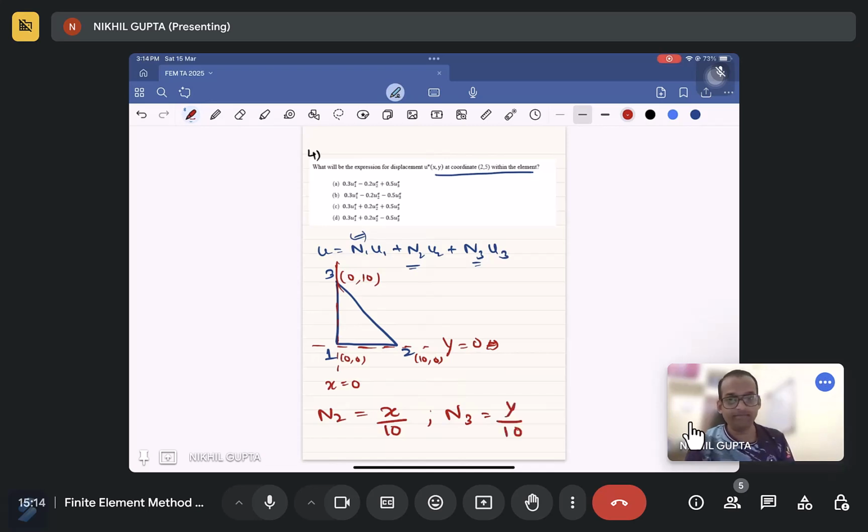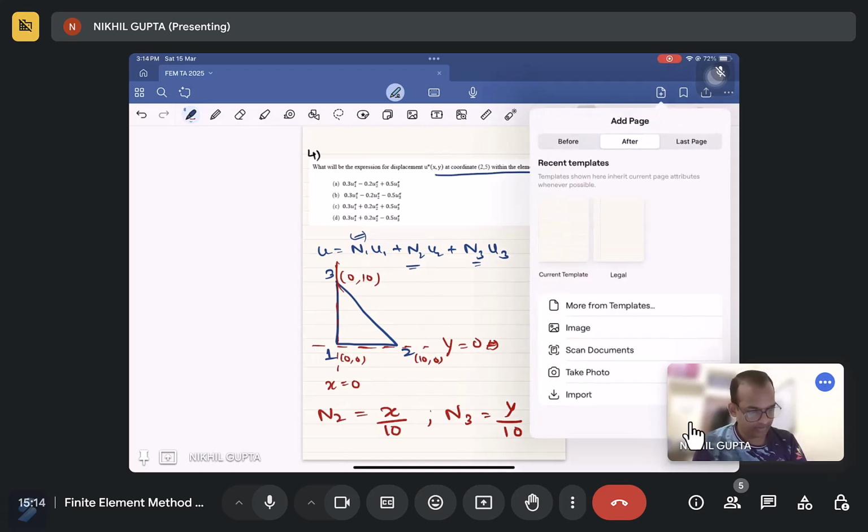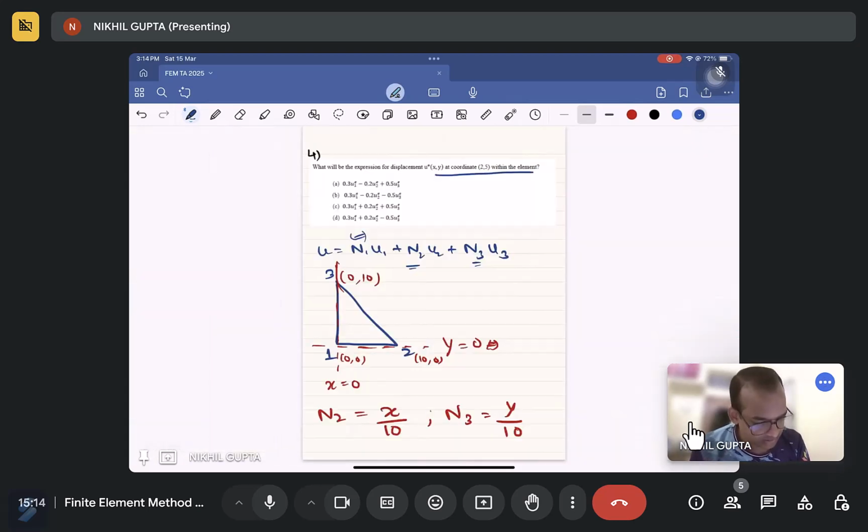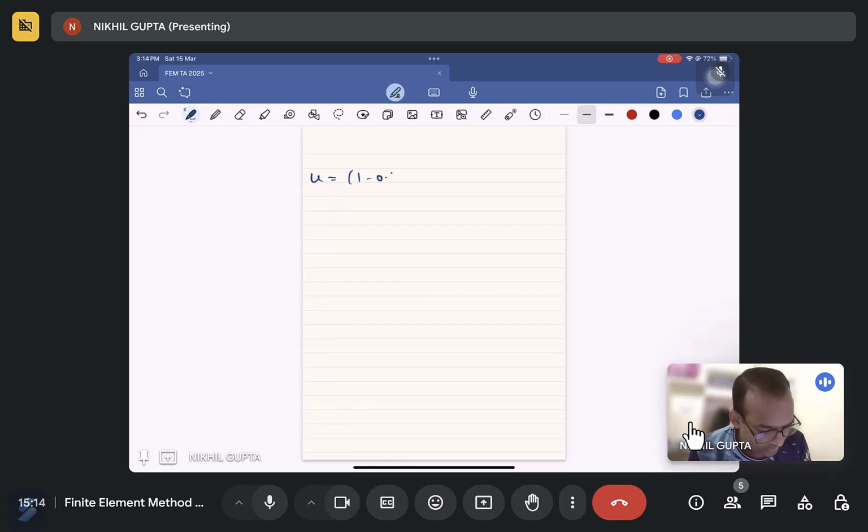Is this clear for all? If not, I can explain it further, but it's a simple thing. I think you can grasp it. So now we have N1, N2 and N3. We just have to put them in the equation. N1 is 1 minus 0.1x minus 0.1y of u1, plus N2, which is x by 10, of u2, plus y by 10 of u3.